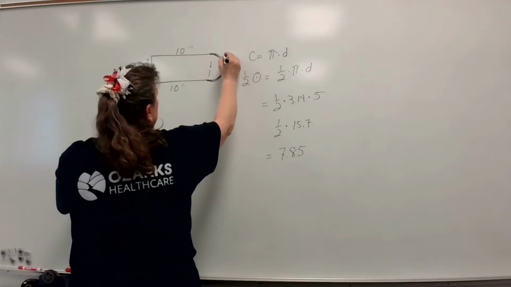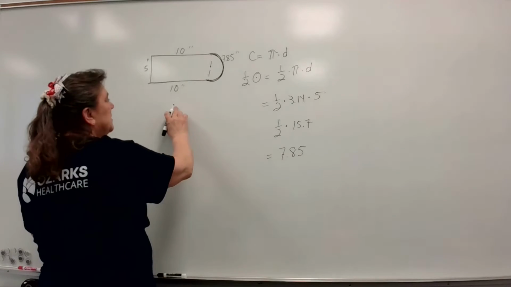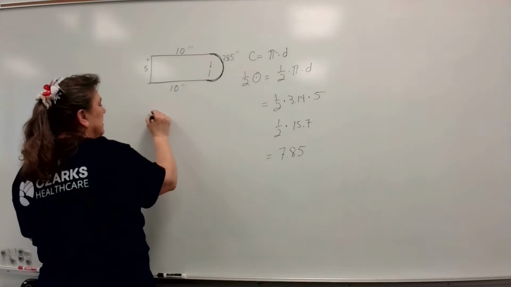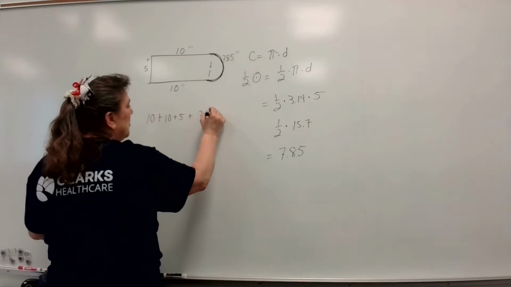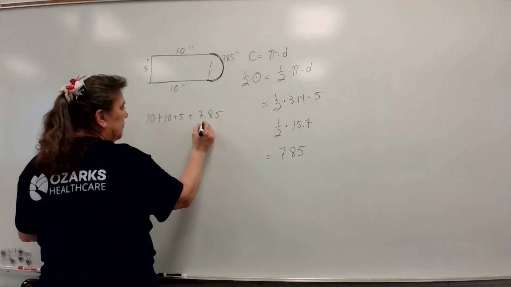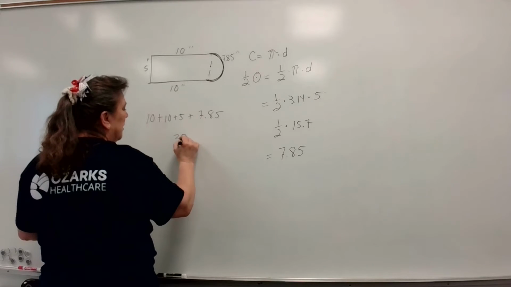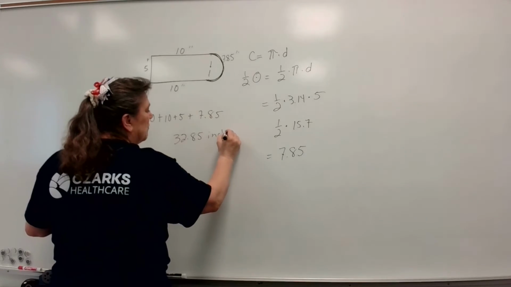And now we can add these up together. 10 plus 10 plus 5 plus 7.85. And this is going to be 32.85 inches. And that will give that to you.